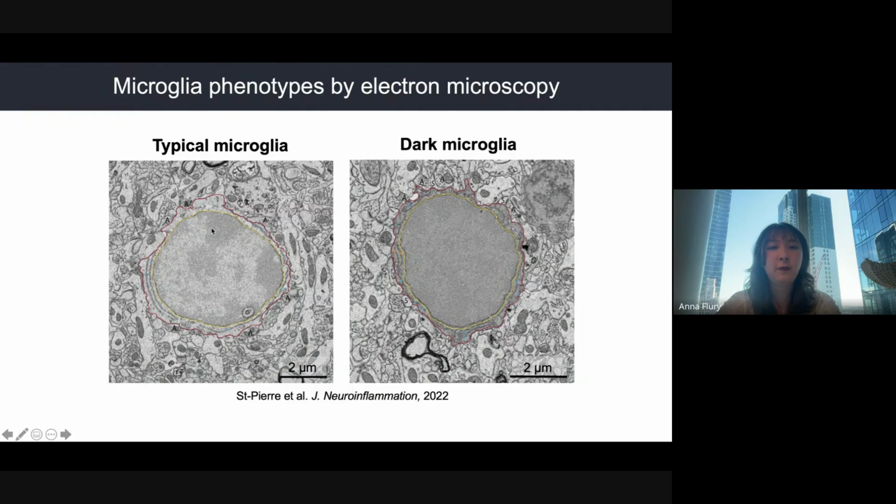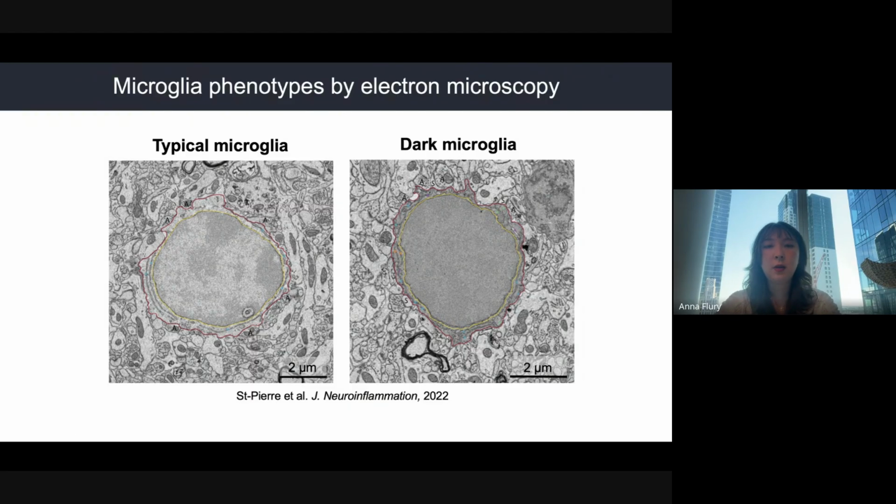One of the defining features here, if you look at the yellow outline, is the nucleus of the cell, and you'll see these patterns of light and dark chromatin. If we look at dark microglia and the nucleus, we see that this pattern of dark and light chromatin is lost. And also the surrounding cytoplasm is darker. So they're aptly named dark microglia.